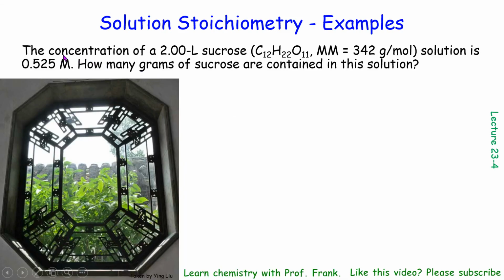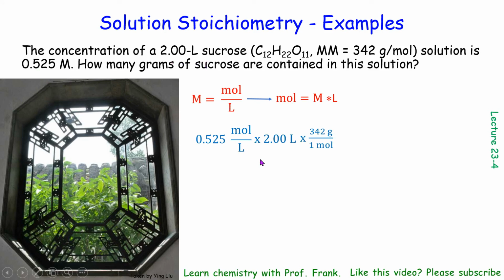Another one. The concentration of a 2-liter solution is 0.525 molar. How many grams of sucrose are contained in this solution? In the key equation from this one, we can find out the number of moles. So molarity, that's given in the problem, times the volume also given in the problem.